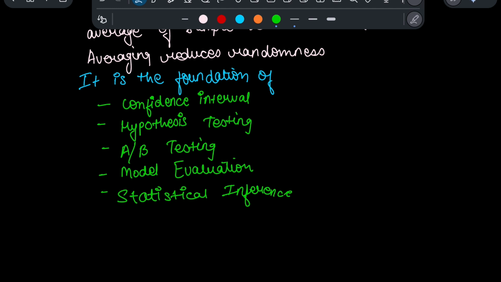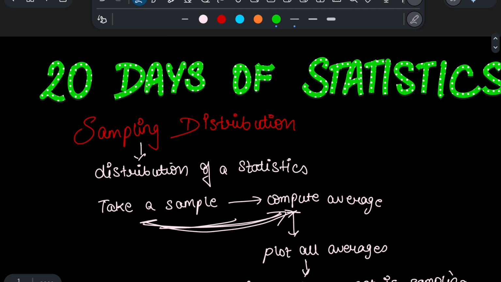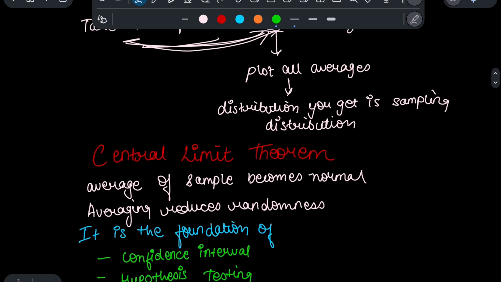So the central limit theorem explains the why situation. That's all about the sampling distribution and the central limit theorem. As the name suggests, you can take it commonsensically that the central limit theorem limits the values to the central value, like the bell-shaped curve in the normal distribution.